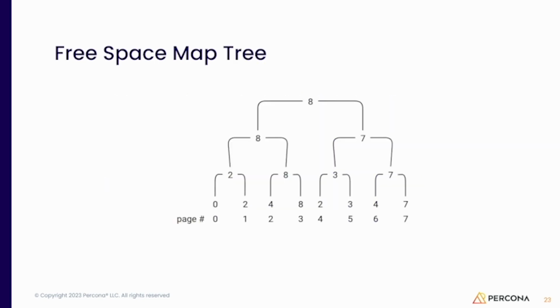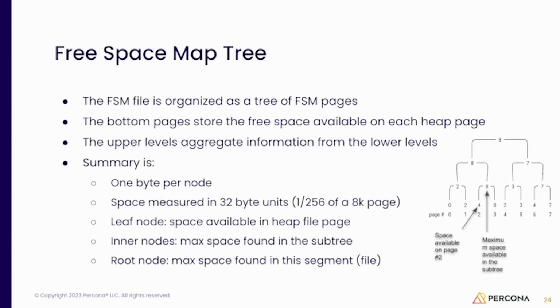So Postgres has what they call a free space map. On the free space map, every position here is actually a unit of 32 bytes. Why do they do that? Because they want to store the page here on this tree using only 2056 bits only.